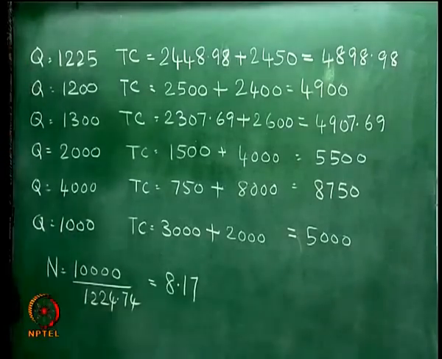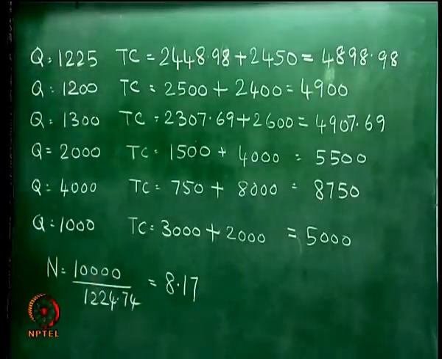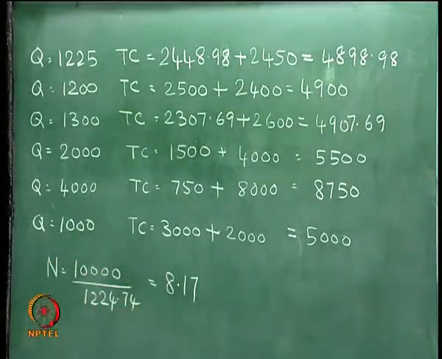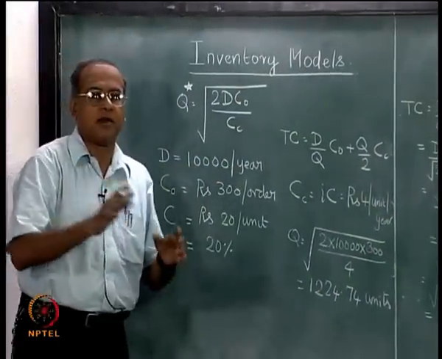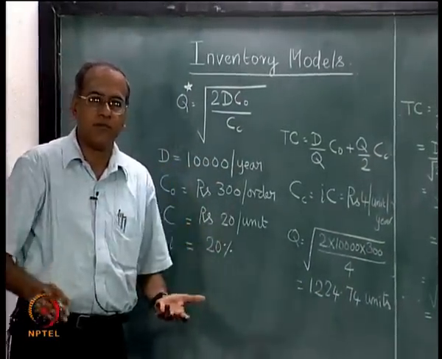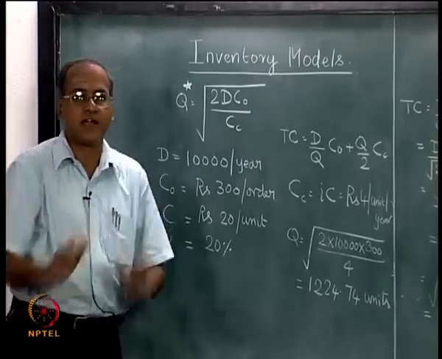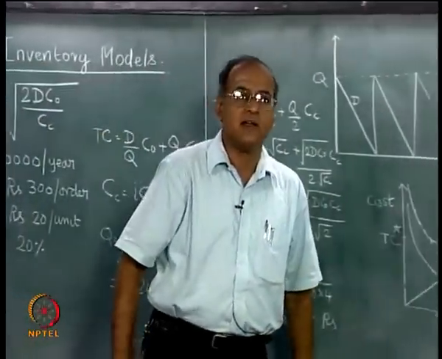So it is always possible to try and have an integer number here for the sake of convenience. And when we have an integer number here, and if this is a very comfortable number like 10,000, then the order quantity also becomes a very comfortable number. Or even if it does not become a comfortable number, or it is a fraction, it can always be rounded off to the nearest 100 on either side, and so on.